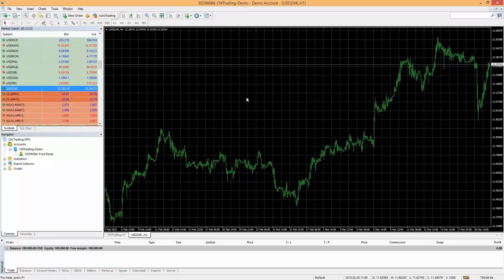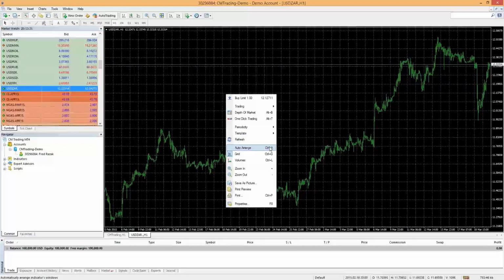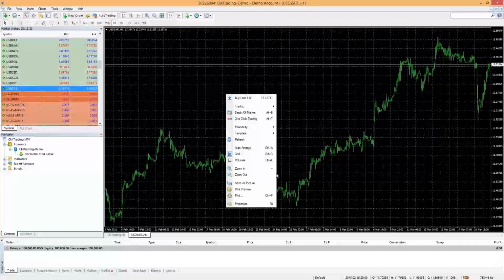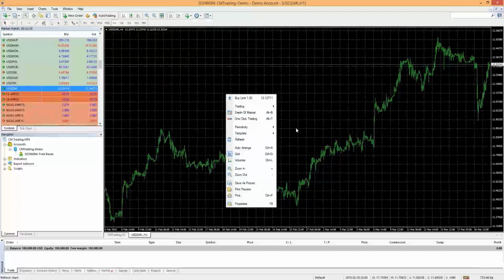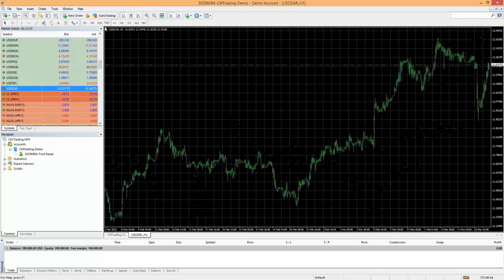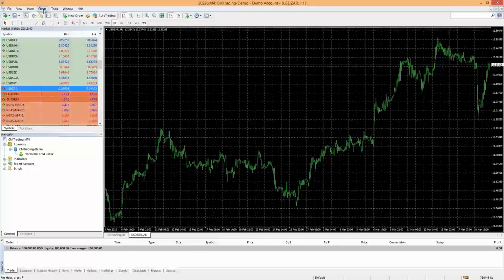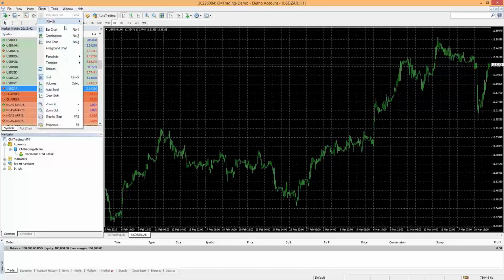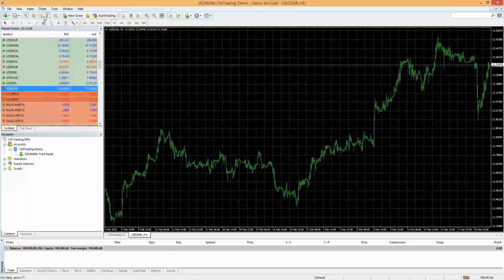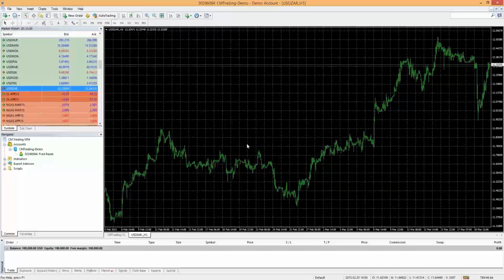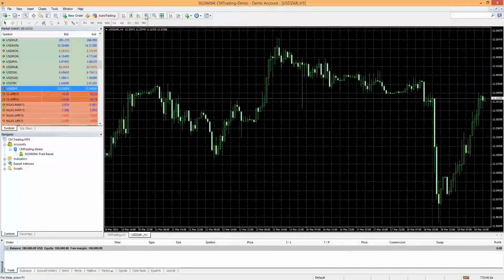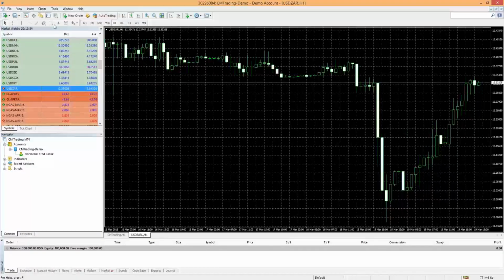Now there's a few options here on the graph, and they either come up by right-clicking on the actual graph, where you have different options, or you could go up here and do different types of things on the graph. This is also an option right here. You can change it to a bar chart, which is what's being populated right now. Candlesticks, you can't really tell because it's a little bit, there you go.